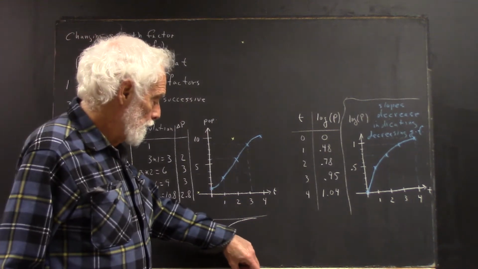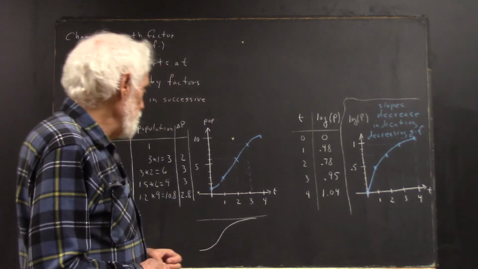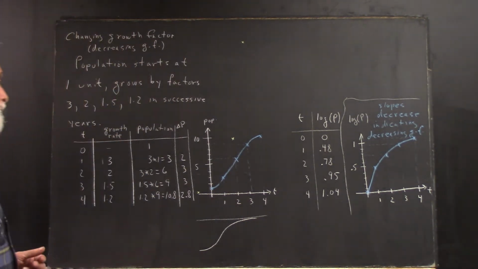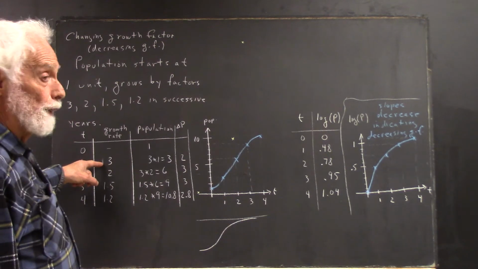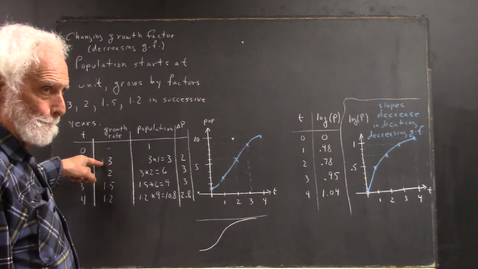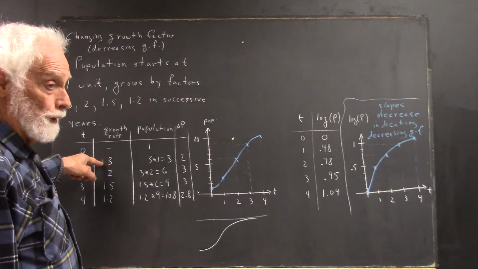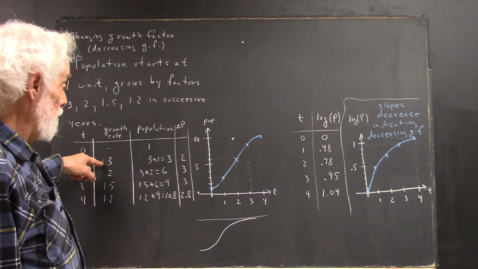The other thing you want to look at is that if the growth rate stays at 3 per week, things really get out of hand very fast.